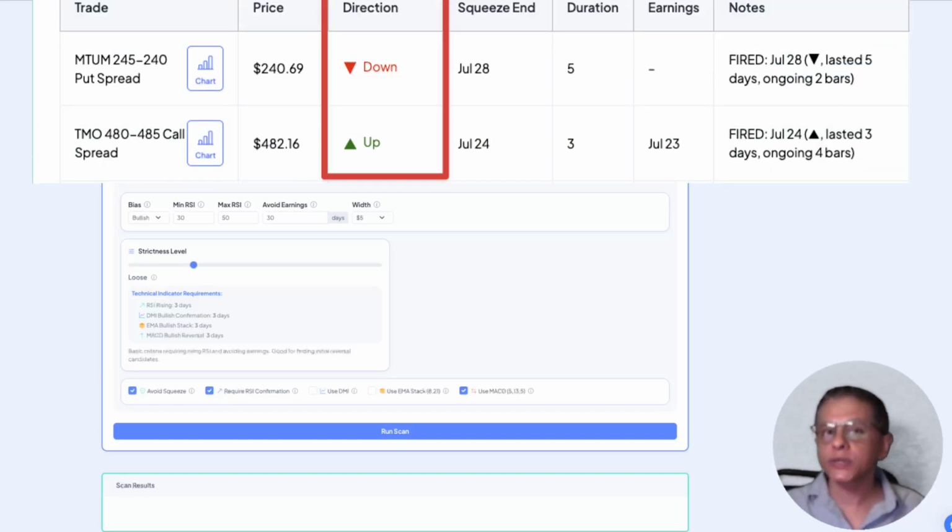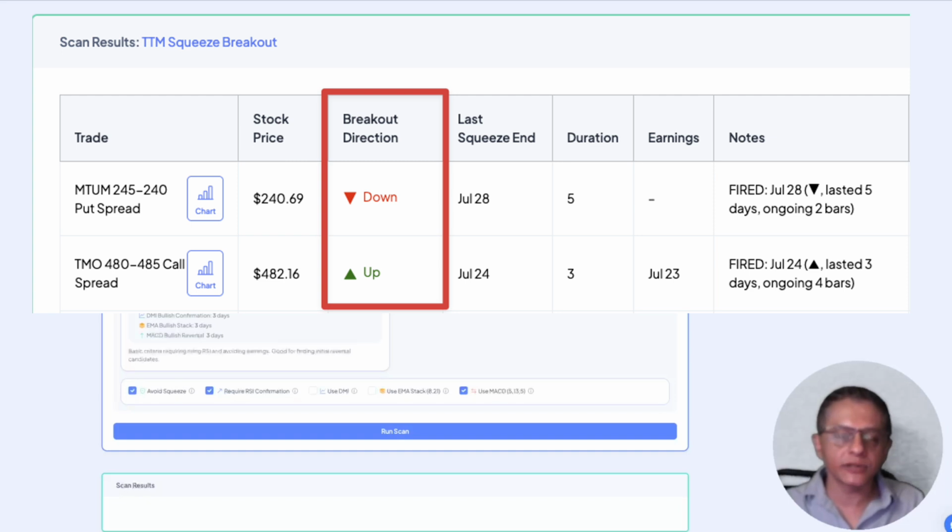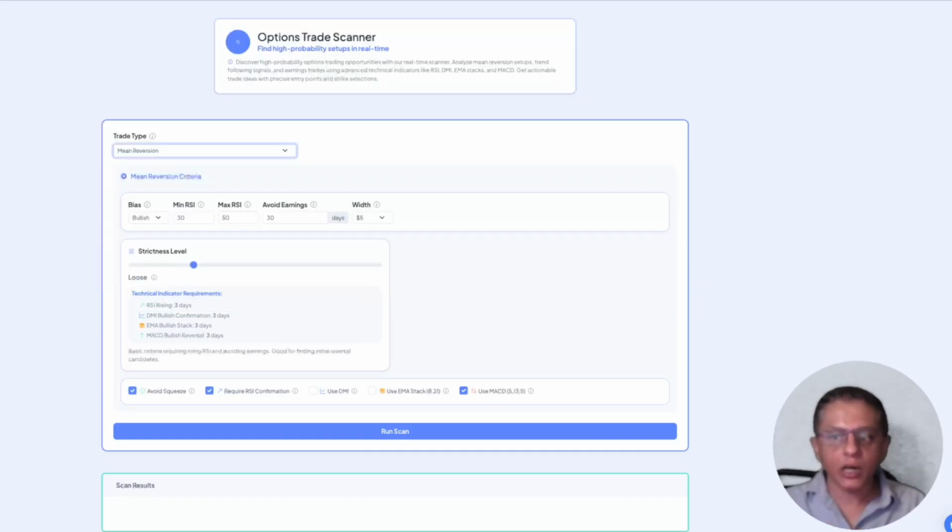It will even tell you which direction it is breaking out, and you simply take trades in that direction. Again, more details about how to use this scanner with examples are available when you choose this trade type. So these are the three trades. I'll keep adding more trades based on demand, but this is what I have for now.